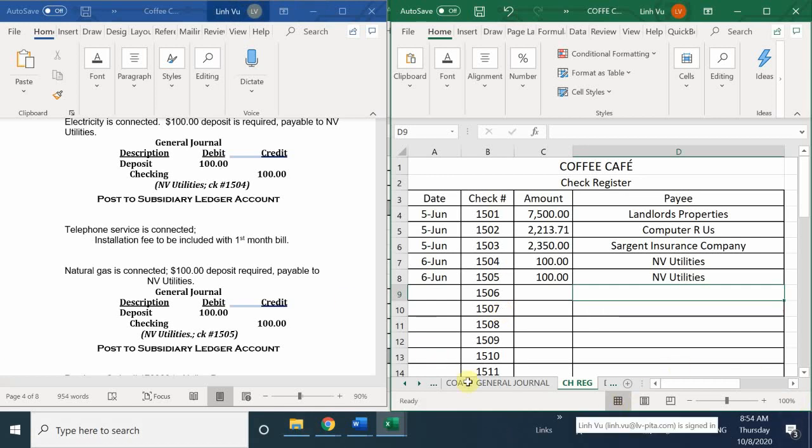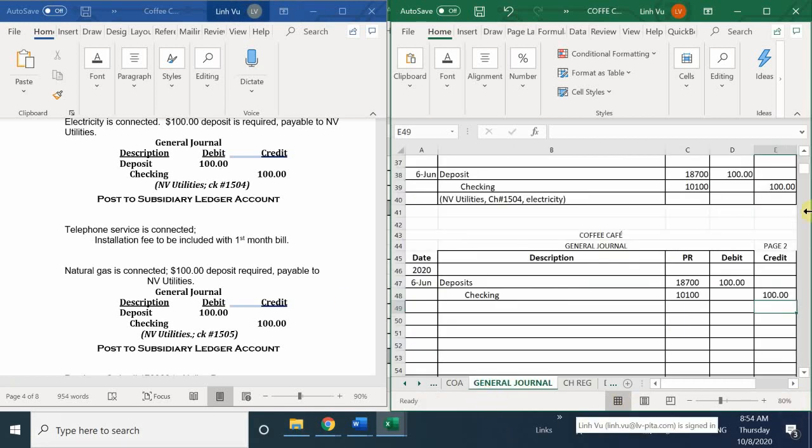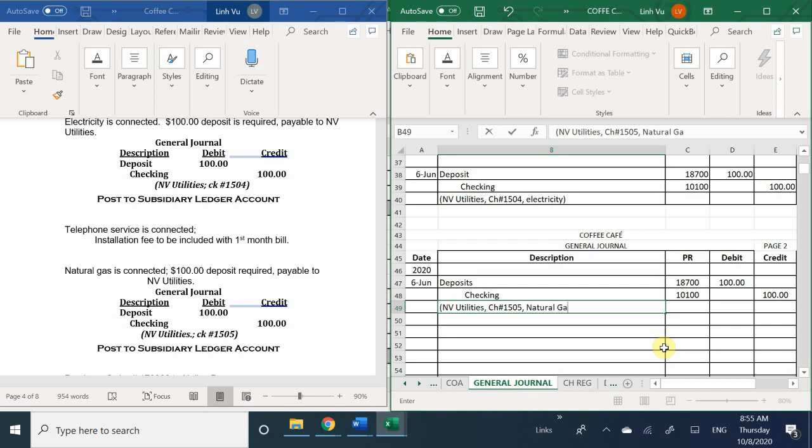I'm going to go back to my journal to complete it because I'm going to have a description so that I know how this transaction happened. So NV Utilities, check number 1505, comma, natural gas.